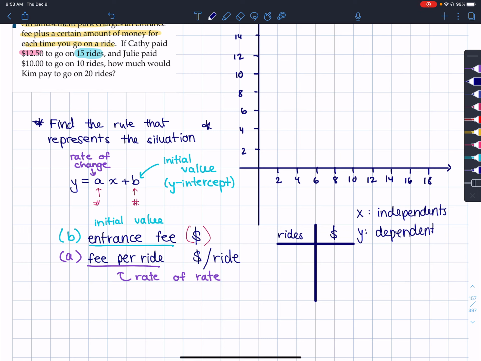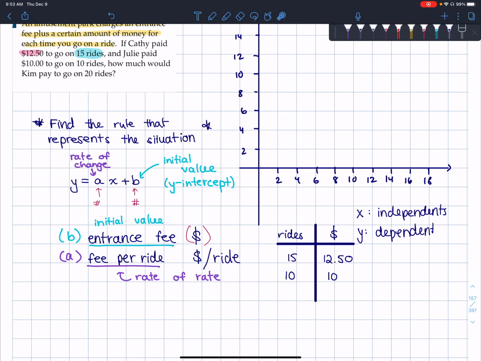So Kathy paid $12.50 for 15 rides, and $10 for 10 rides. And now we have to ask ourselves which one is X and which one is Y. So which one is independent and which one is dependent? Does the number of rides depend on how much money we're paying, or does how much money we're paying depend on the number of rides?